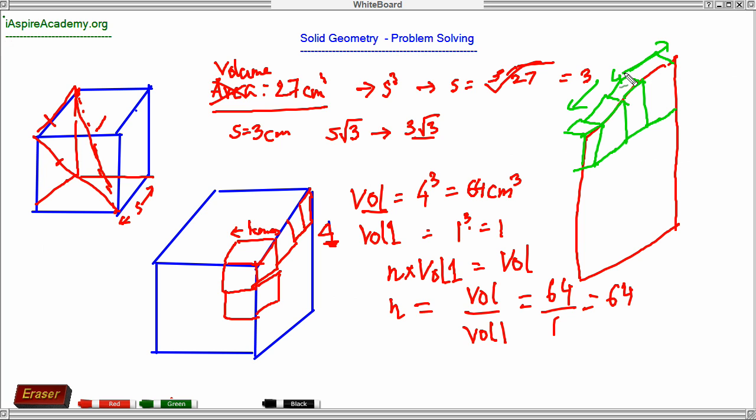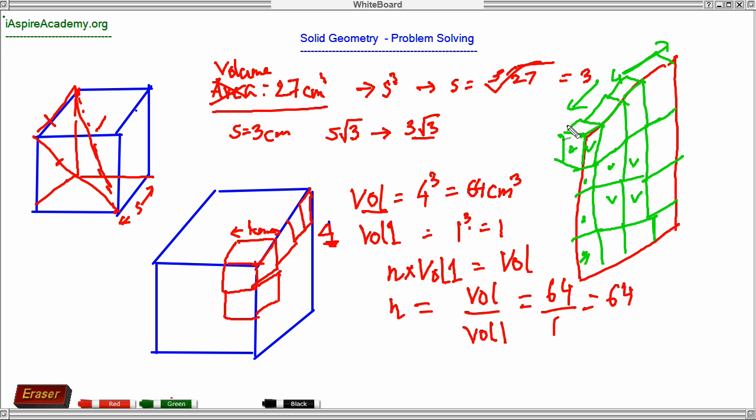So if you just take one surface, this one will have one surface painted. This one will have 2 surfaces painted. So only the inner 4 would have only one surface painted. So the smaller cubes which belong to the edges will have 2 surfaces painted, but the inner cubes will have only one surface painted.